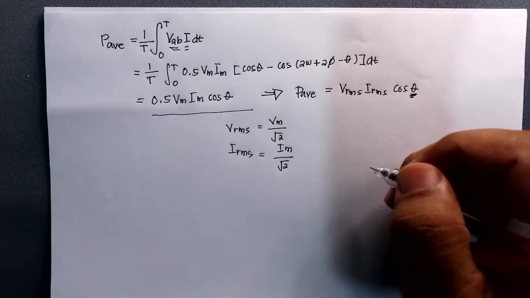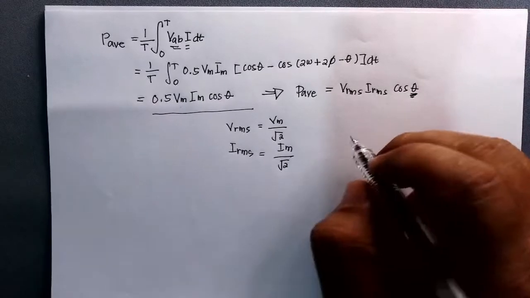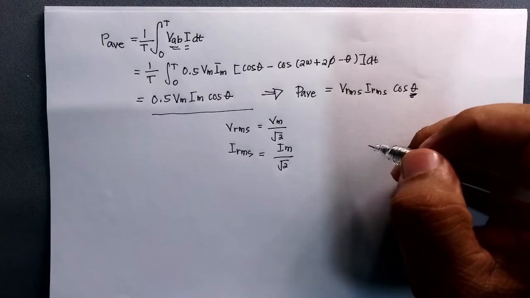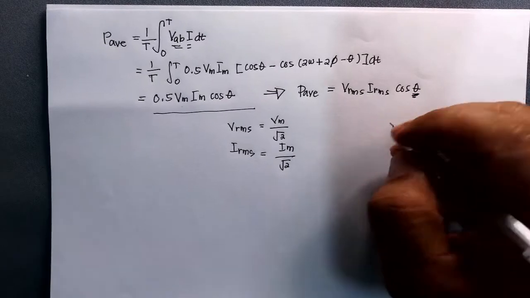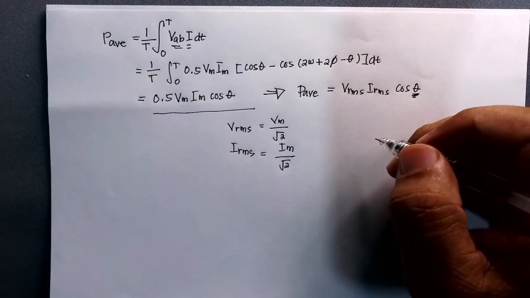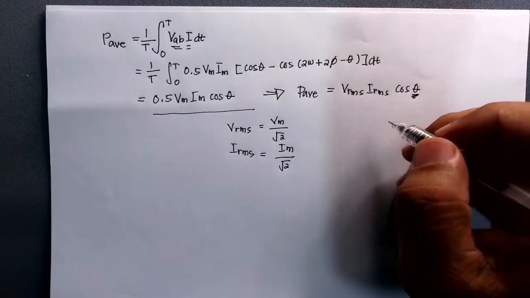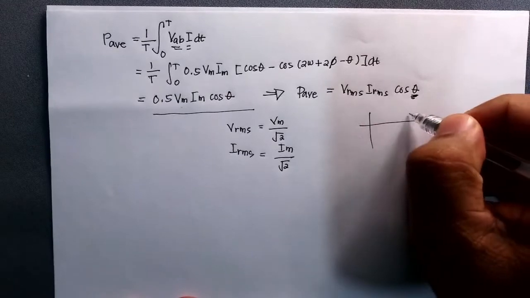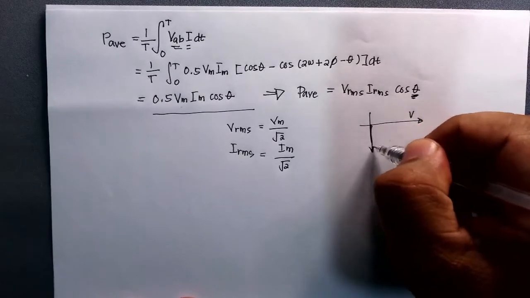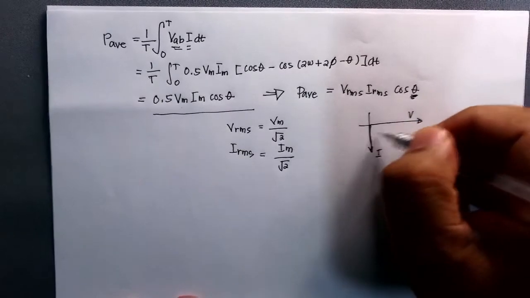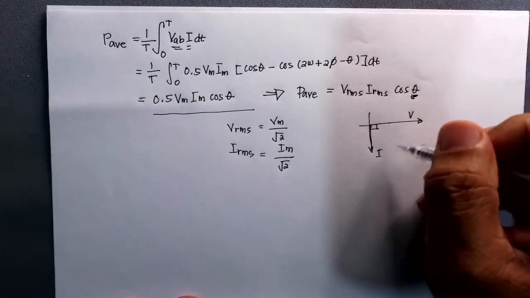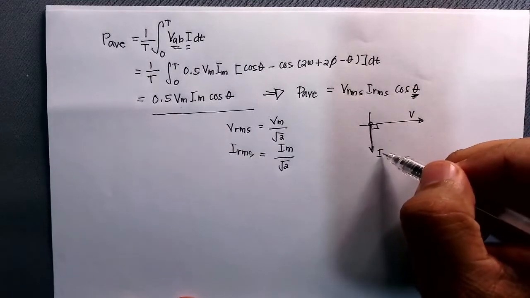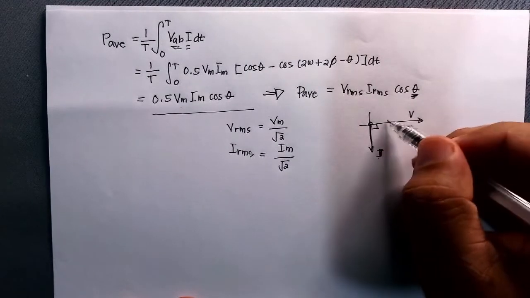Now, if you have a 90 degree angle, that will be a purely inductive circuit. If that angle is represented in phasor form, if this is your V and your I is here, this is where you can say that the current lags the voltage.